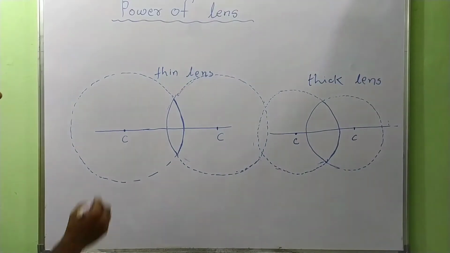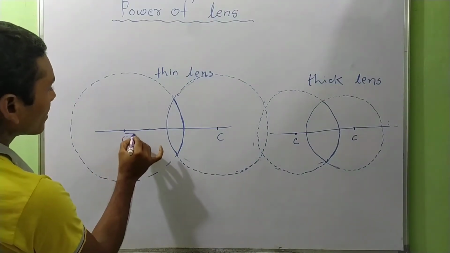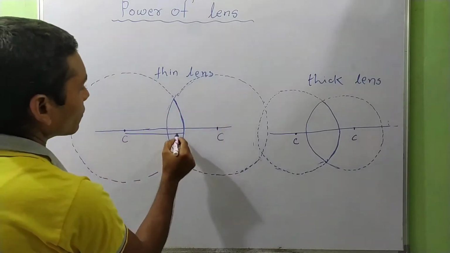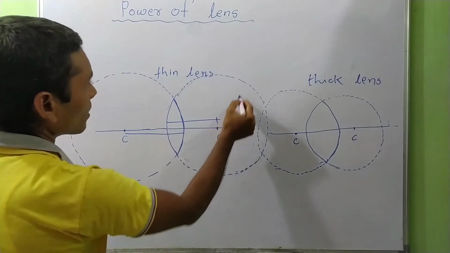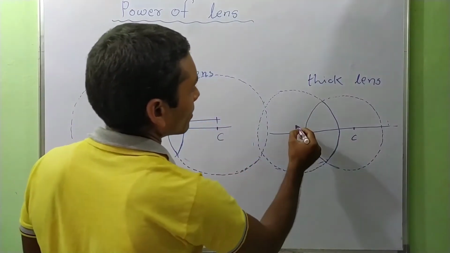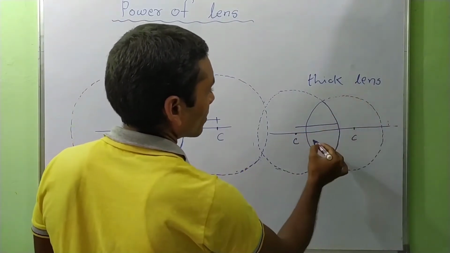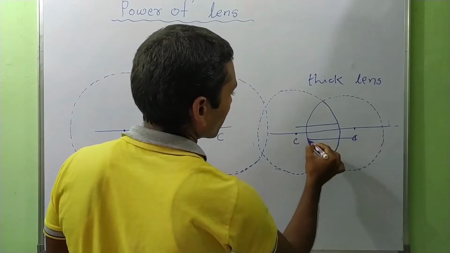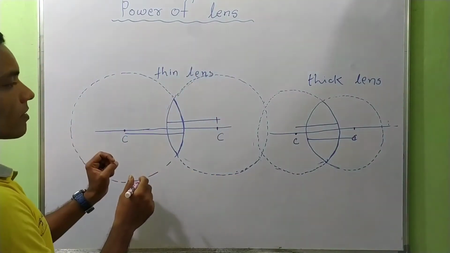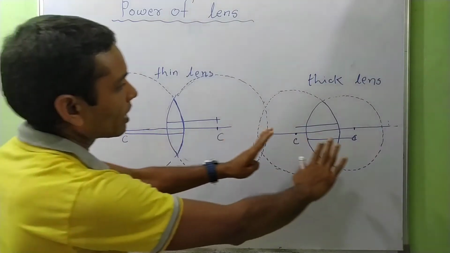Okay, here we can observe that this is the radius of curvature for this sphere and this is the radius of curvature for this sphere, and for this sphere this is the radius of curvature, and for this sphere this is the radius of curvature. You can compare the radii of curvature for both lenses.